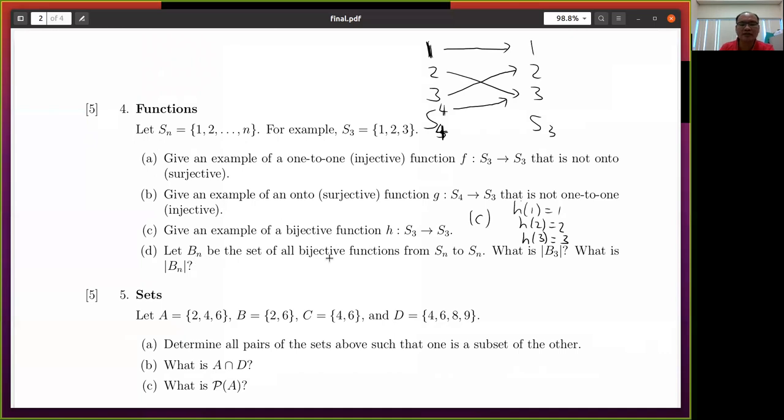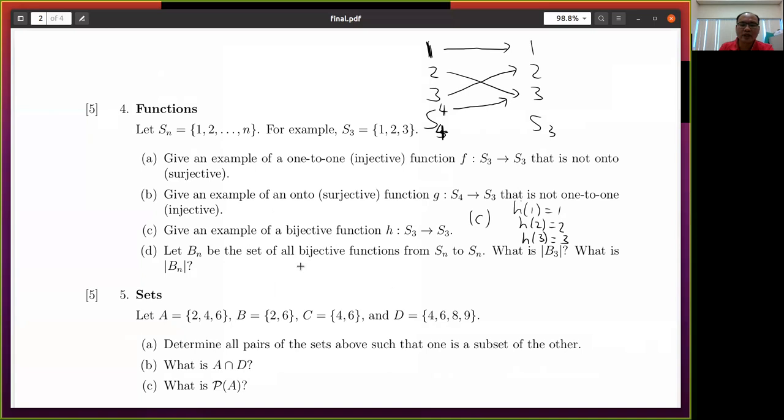Let Bn be the set of all bijective functions from Sn to Sn. What is B3? B3 says that you can go from 1, 2, 3 to 1, 2, 3, and you want to know what are all the possible bijective functions.